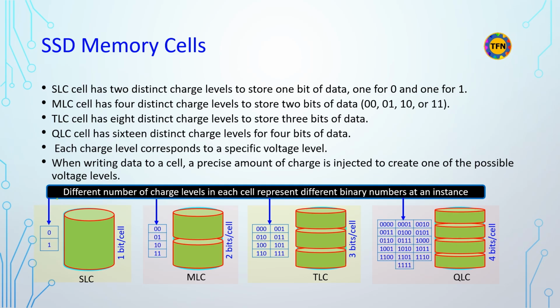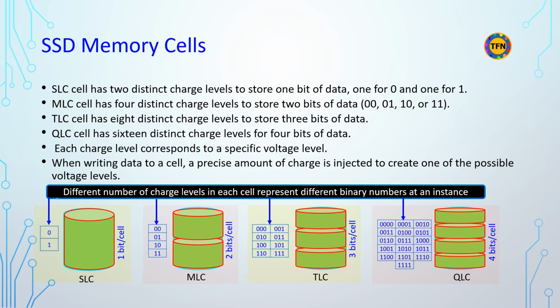MLC cell has 4 distinct charge levels to store 2 bits of data, 00, 01, 10, or 11. Similarly, TLC cell has 8 distinct charge levels to store 3 bits of data, and QLC cell has 16 distinct charge levels to store 4 bits of data. Each charge level corresponds to a specific voltage level.